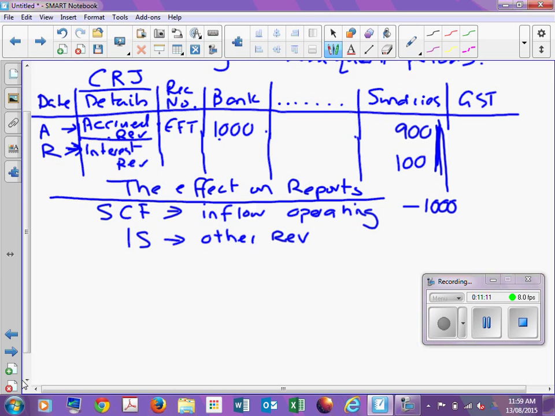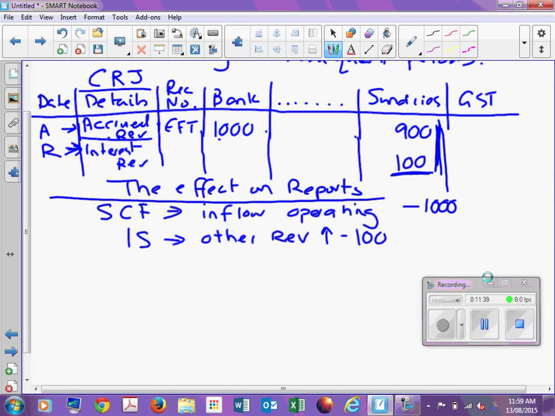Now, the important thing is only the revenue value is the value that changes. It's only $100, because that is the only part that's revenue. The other one changes an asset. Now we're going to do the balance sheet.